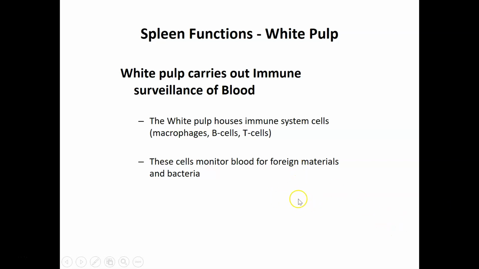This is where immune surveillance of blood is happening. Okay? The lymph nodes carry out immune surveillance of lymph. The spleen, especially the white pulp, carries out immune surveillance of blood. That's one of the chief functions of the spleen.